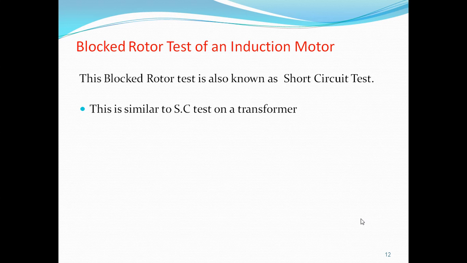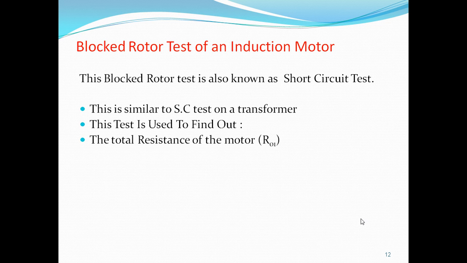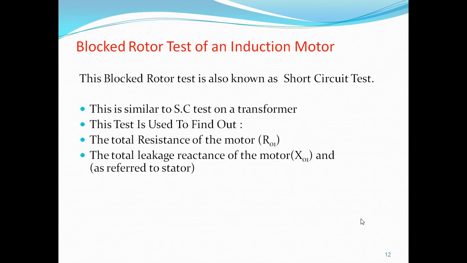This is similar to the short circuit test on a transformer. So this test is used to find out the total resistance of the motor, the total leakage reactance of the motor, referred to the stator, and next, the power factor on short circuit.